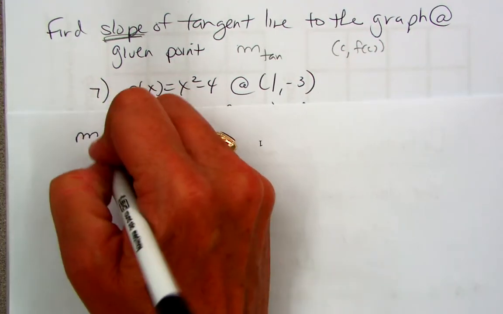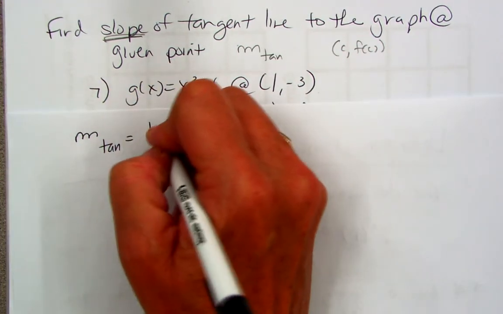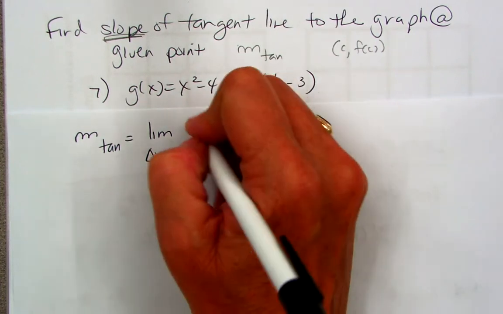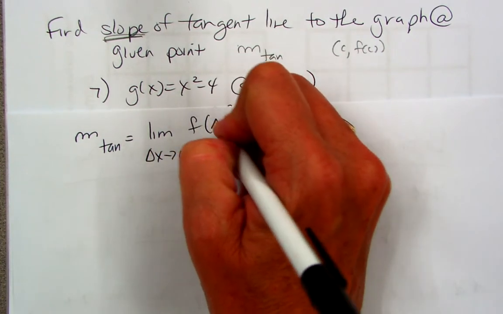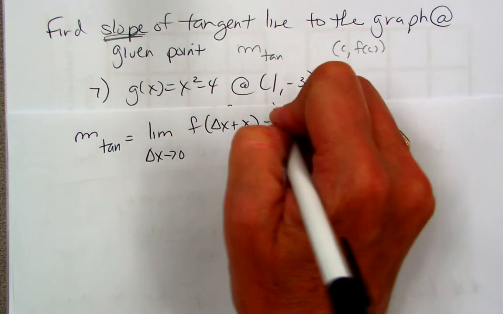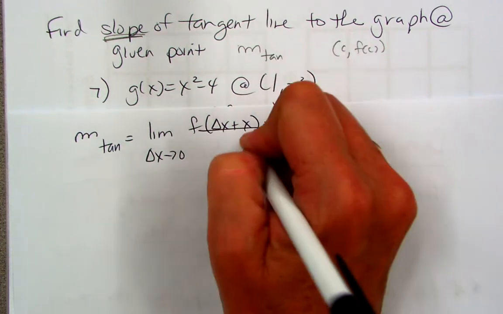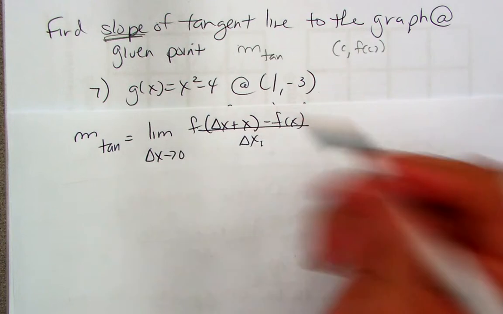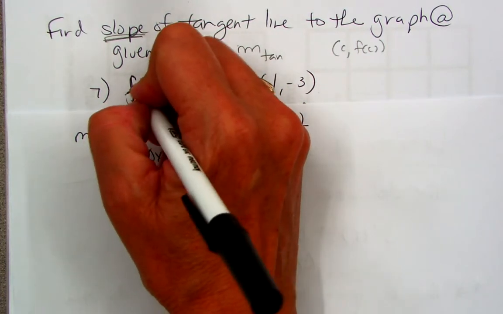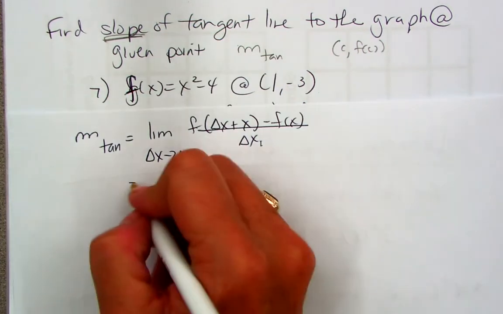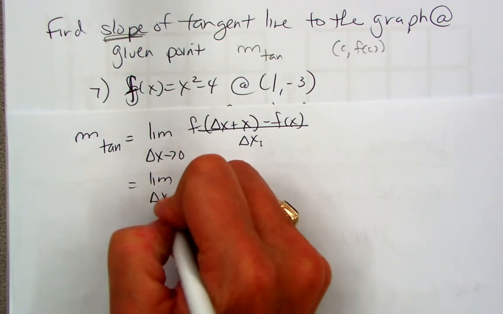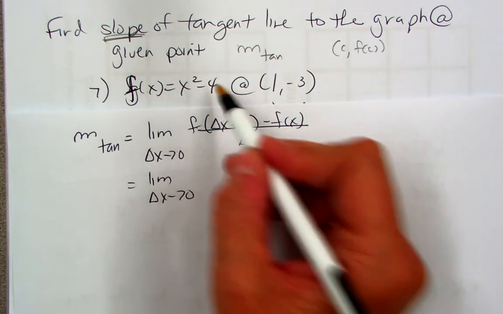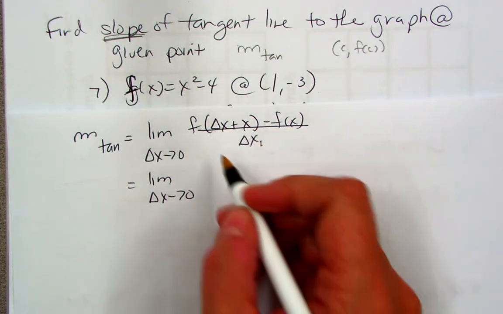So the slope of the tangent line equals the limit as the change of x goes to 0. I'm going to write it generically first. That is the equation. Well, I guess I should call this guy f here. So now what I'm going to do is take this f function, and wherever I see x, I'm going to drop in delta x plus x.